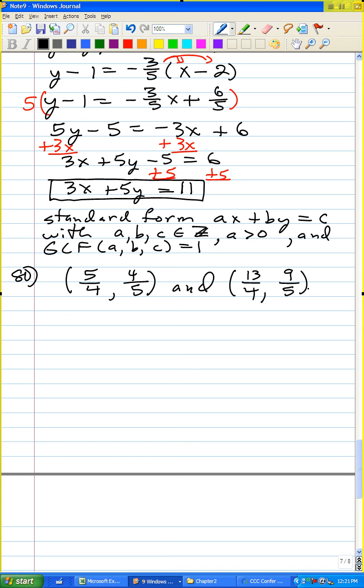Okay. So I guess I'll call this x1, y1. I'll call this x2, y2. So let's find the slope of the line through 2 points.